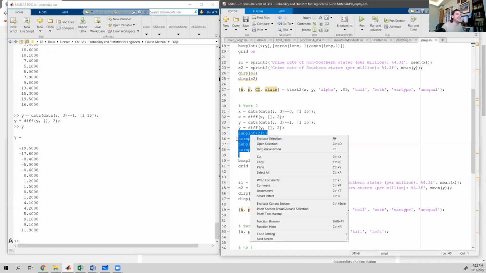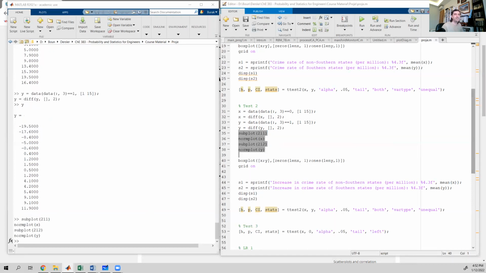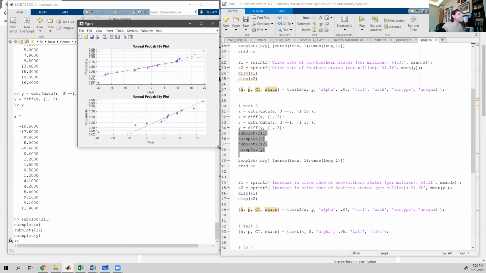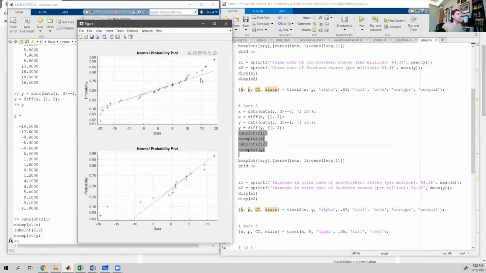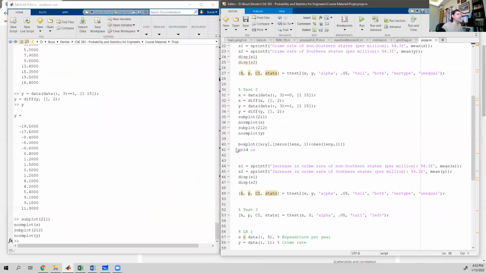So I'm going to check these X and Y values. Well, these ones, both of them are not very normal, but they're also not very non-normal, I may say. So we can continue with the t-test.